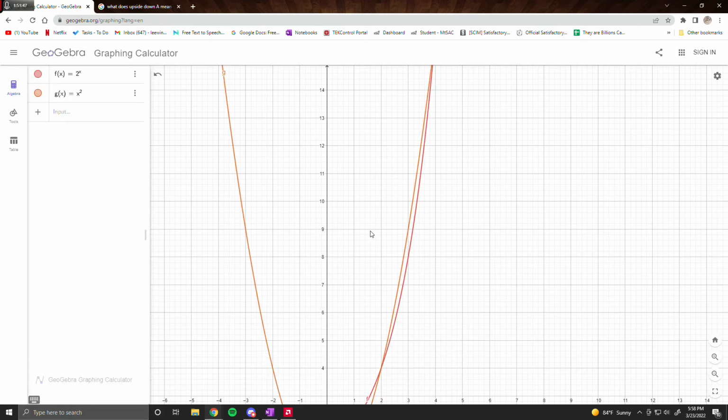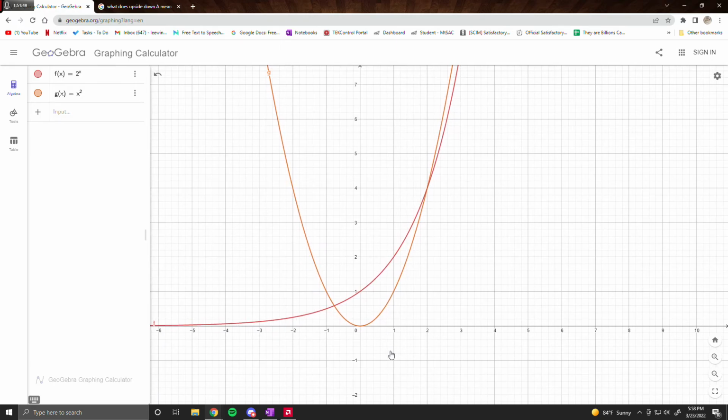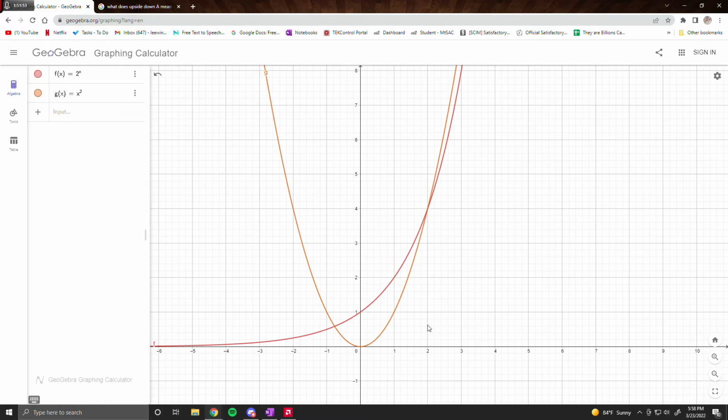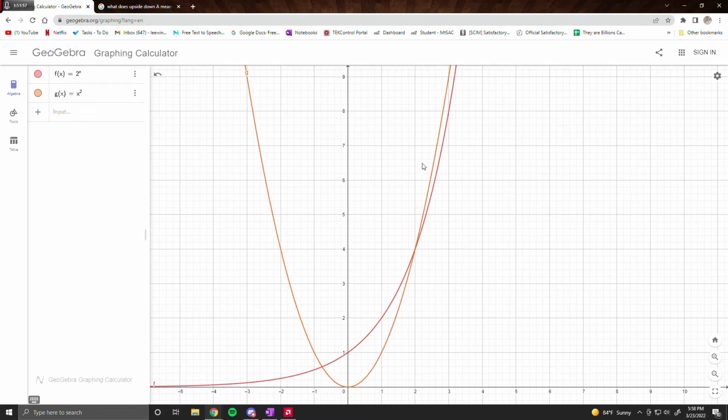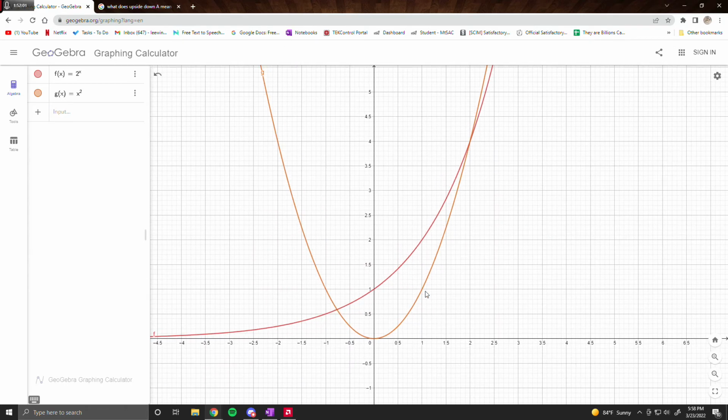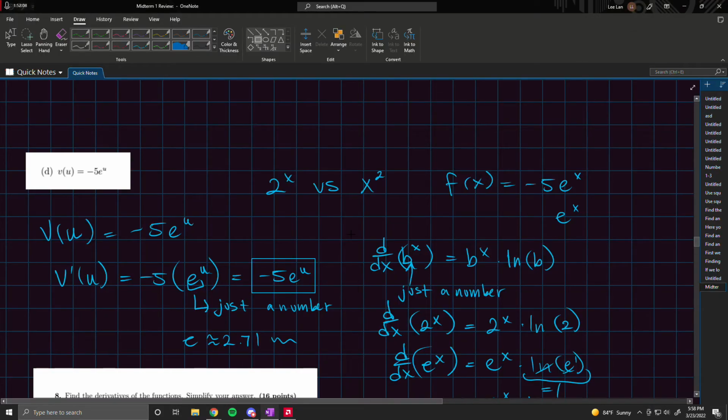x squared is completely different. For every value of x, I square it, right? So at 1 I'm at 1, at 2 I'm at 4. Lots of people are familiar with parabolas, but these are completely different functions, and we need to treat them differently.